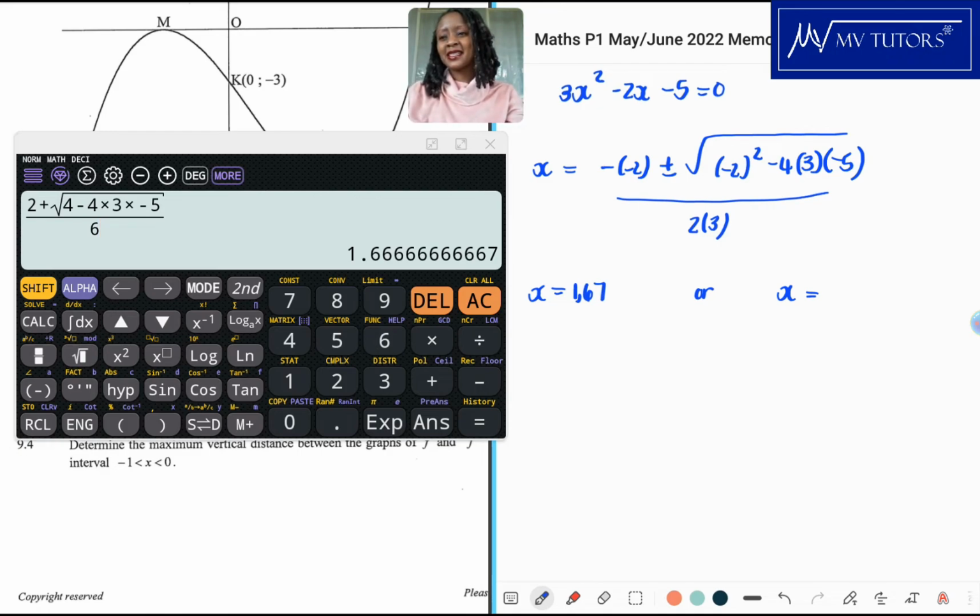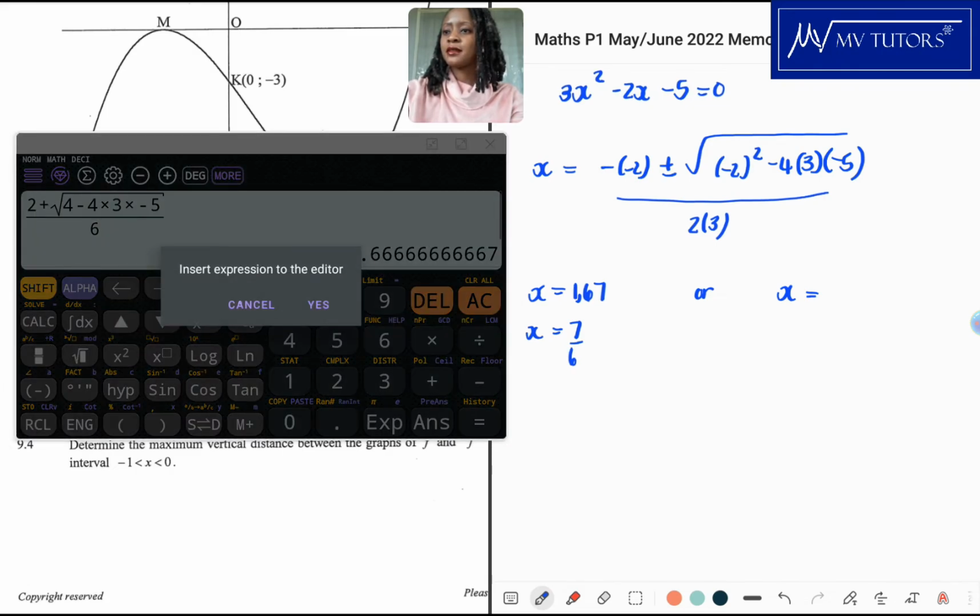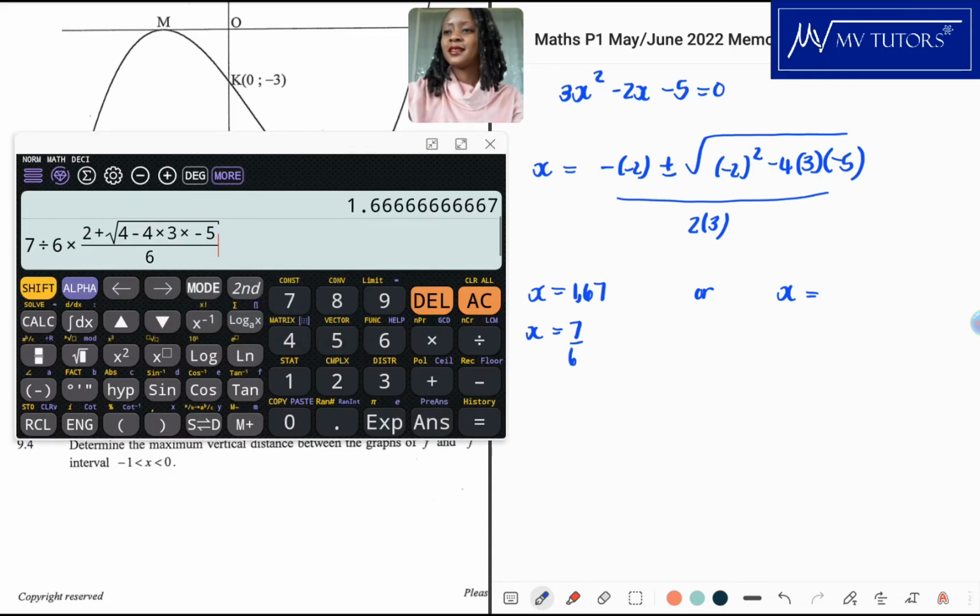Okay, I think that's the same as 7 over 6? Yeah, 7 over 6. I think I prefer fractions. Okay, and then if I go back to that equation, let me just remove all of this.